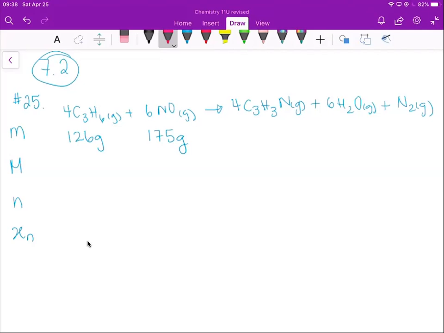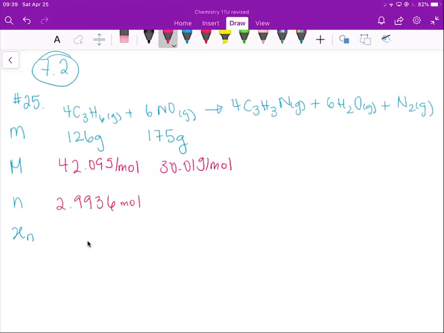So what I can get off of the periodic table is my molar masses. And then now I'm going to find the number of moles for each of these entities. Again, because I'm moving down the table, it's going to be division in both cases. So 126 divided by 42.09, I get 2.9936 moles.